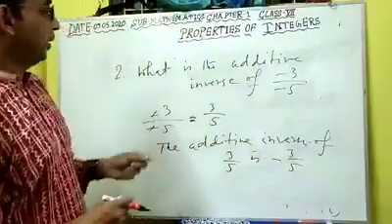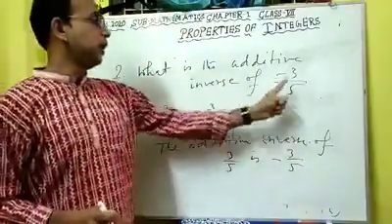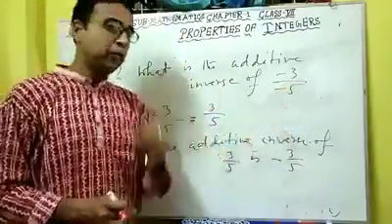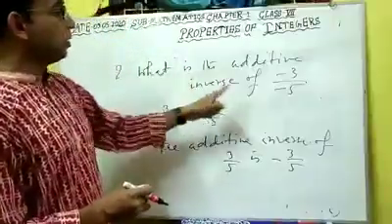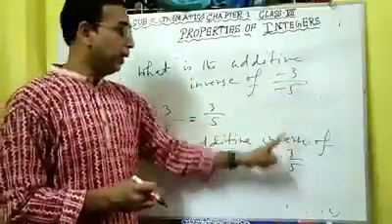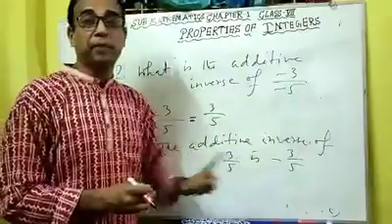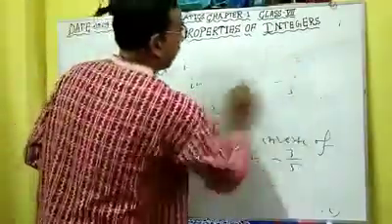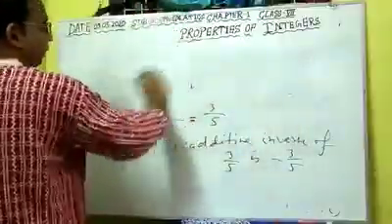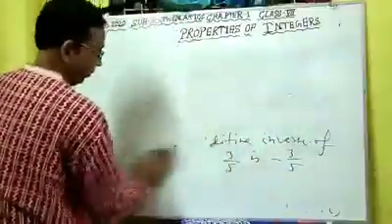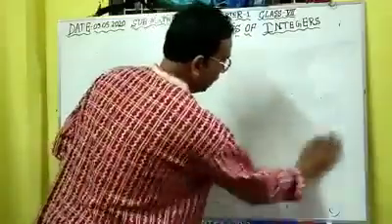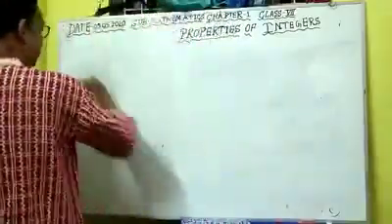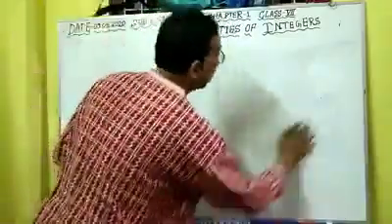Finally, what will be the additive inverse of -3 by -5? The answer will be -3 by 5. Now, I will solve another problem related to the given topic.